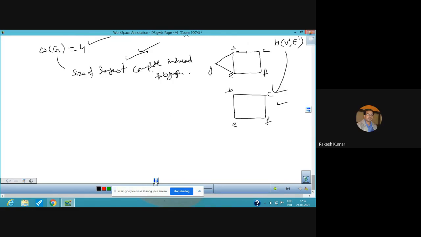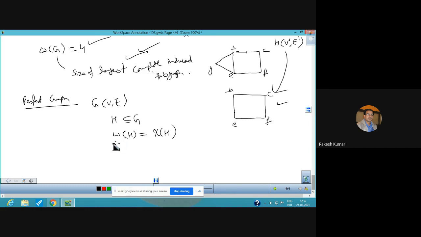Next, we have a perfect graph. A perfect graph means a simple graph G with vertex set V and edge set E is said to be perfect if for every induced subgraph H of G, the W of H is equal to the chi of H. Then the graph is said to be a perfect graph.